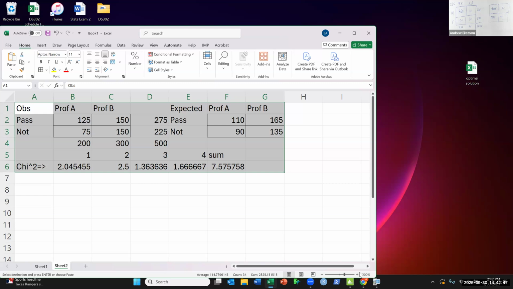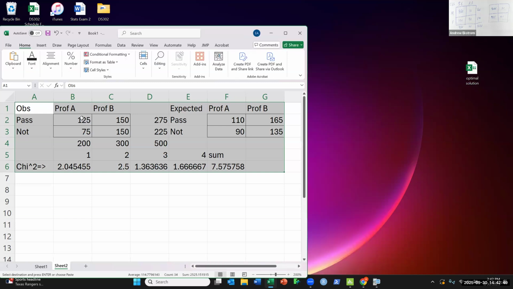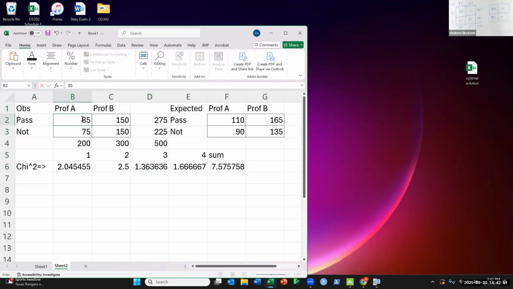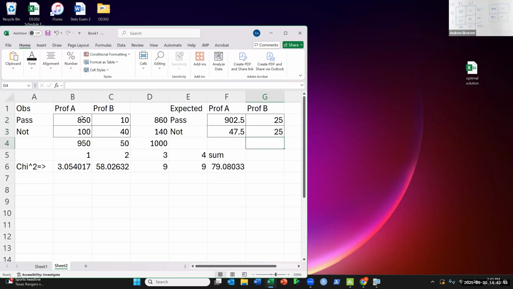And now I can plug in the values that I have. So this is going to be 850 and 100 and 40 and 10. Over here, this is going to be the 902.5, 47.5, then I'll say 25 and 25.